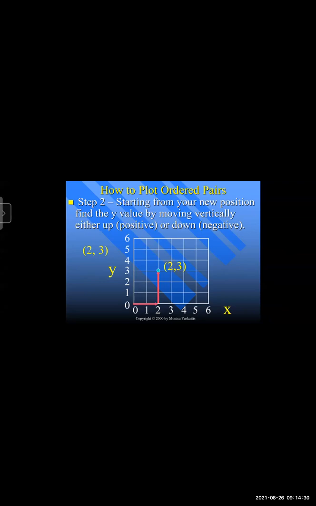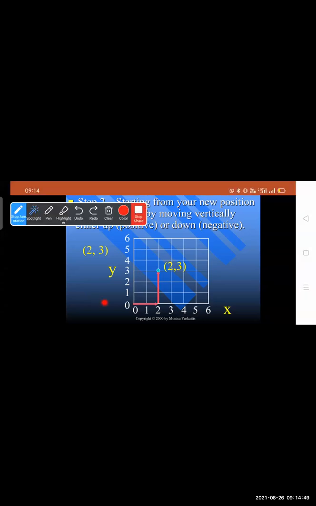Then the second step is find the y value and its sign. So here the y value is 3. Then we check whether it is positive or negative. If it is positive, move upward from the origin. If it is negative, move downward. Here the y value is 3 and it is positive, so we move 3 steps up.